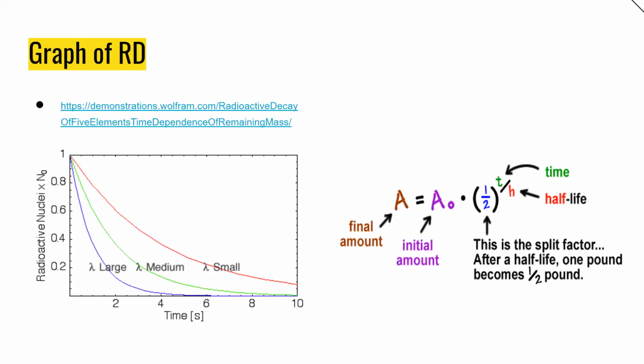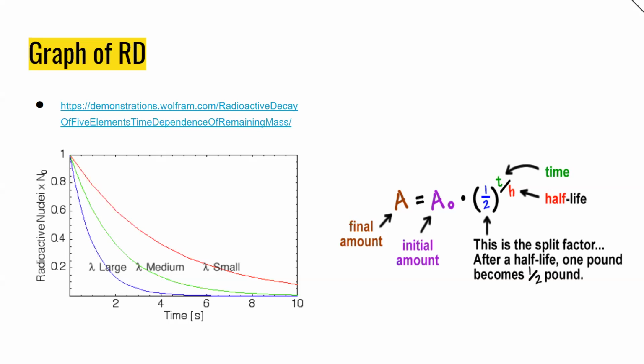It's like the slope of the functions. It shows that the blue one is the fastest radioactive decay. It only takes about 6 seconds to decay from 1 radioactive nucleus to 0, but it takes over 10 seconds for the green one and the red one to decay to 0.